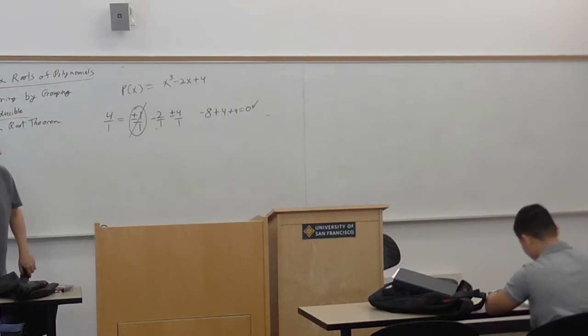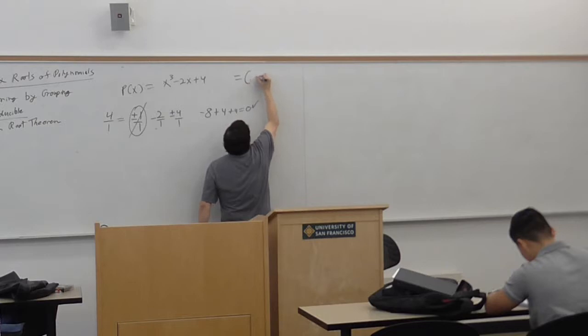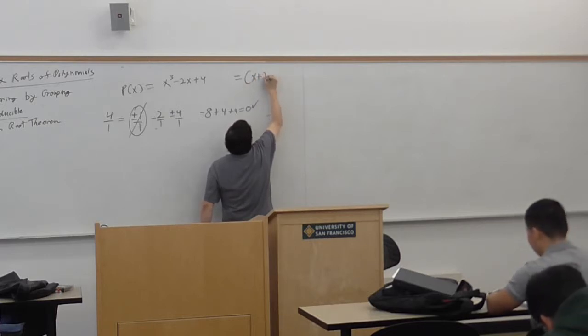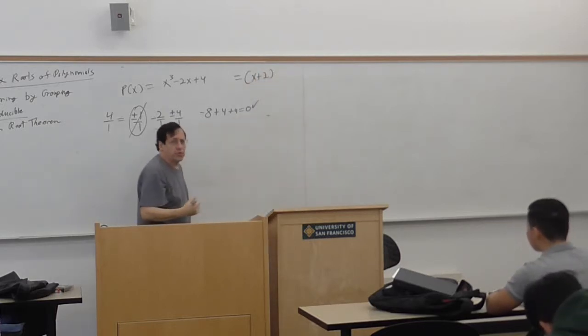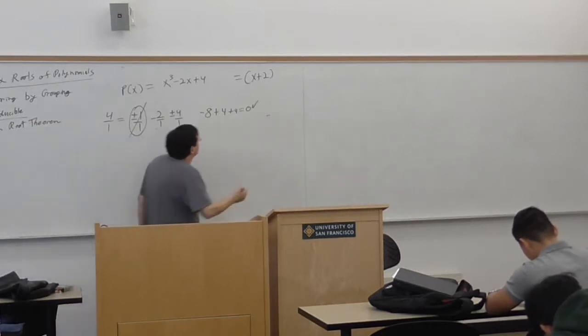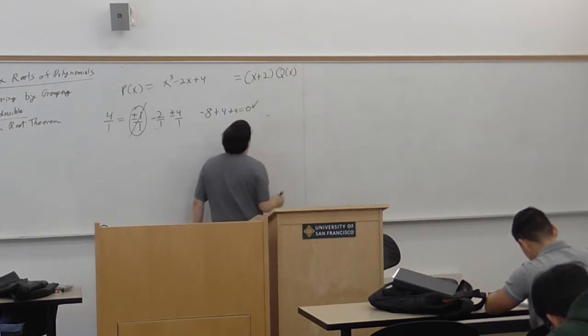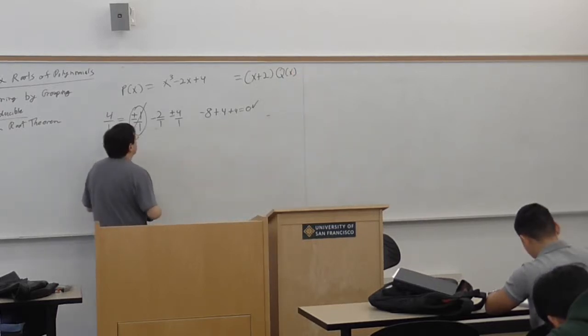At this point, we know one of the factors is x plus 2, and there'll be some other polynomial, some q of x.